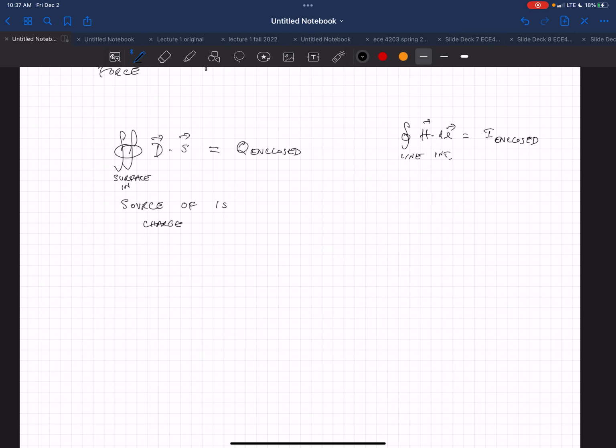And remember this was also the curl equation, so this curl is the current density. So this is all the enclosed current. So this J is the current density. J is just equal to current divided by area.